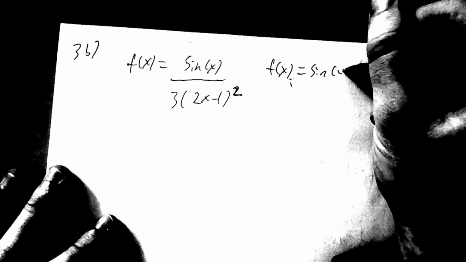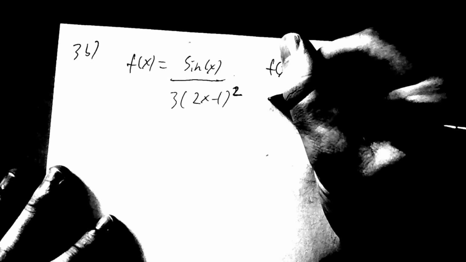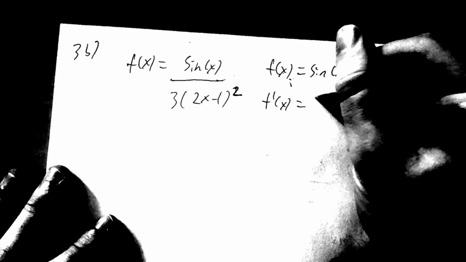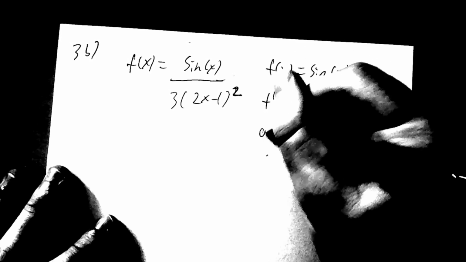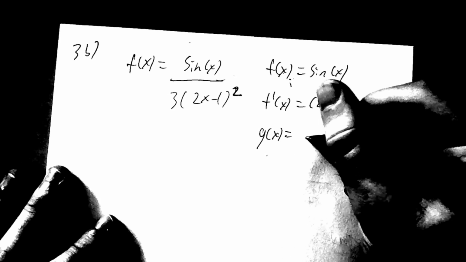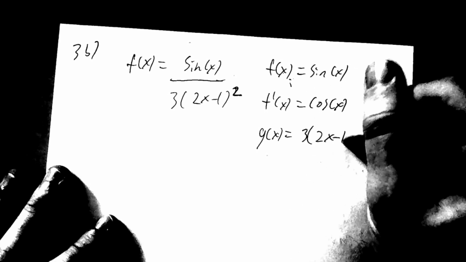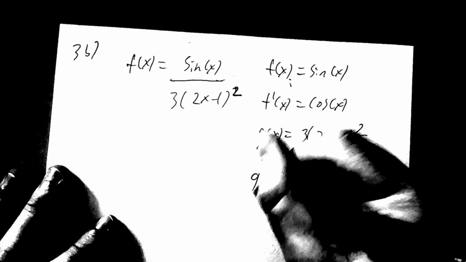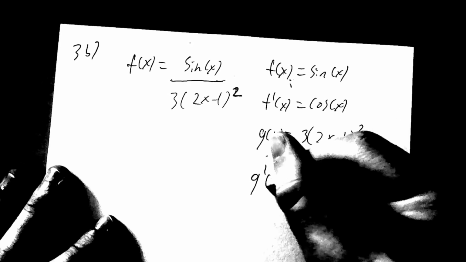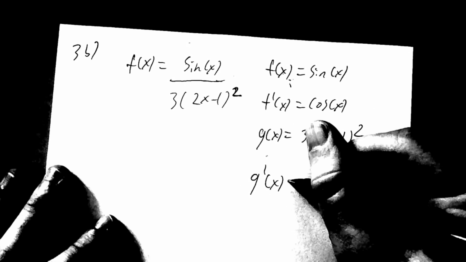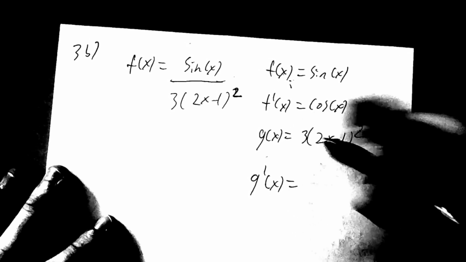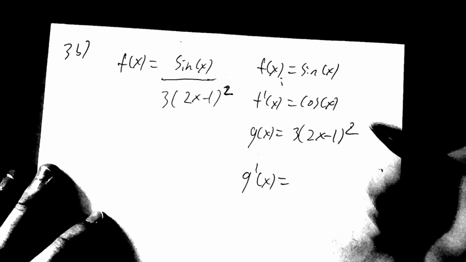At least attempt it. f of x is sine x. The derivative of sine x is cosine x. g of x, the denominator, is 3 times (2x minus 1) squared. The derivative of that is 2 times, this is a chain rule, 2 times 3 is 6.